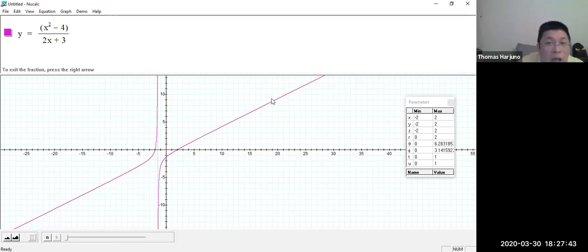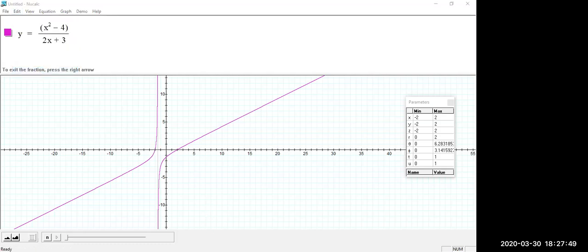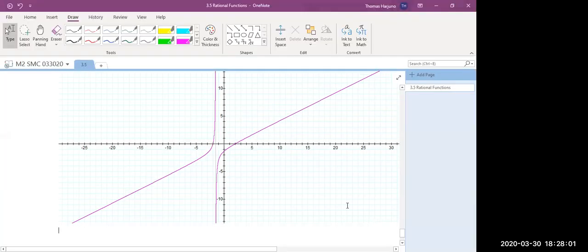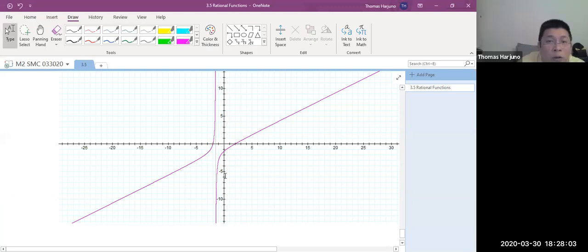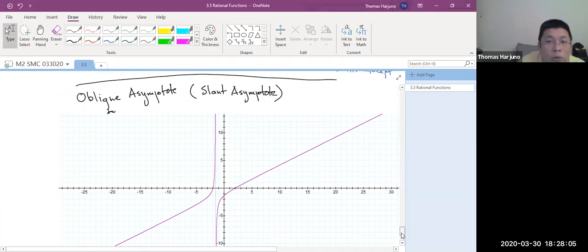Now that line, let me copy this graph and put it on our notes.